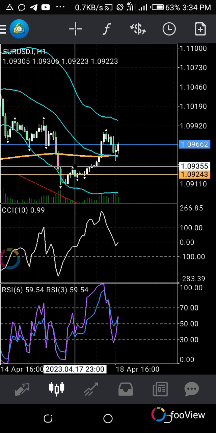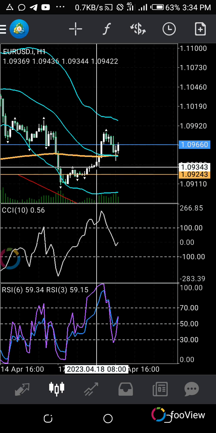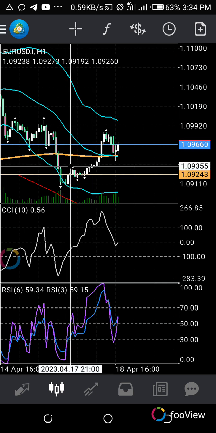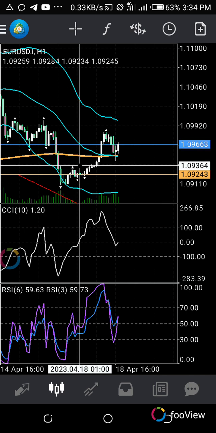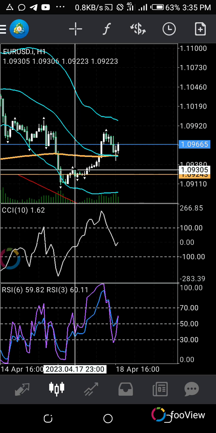we are to get a clear entry, what we are going to do is as simple as this. So far we have a break of resistance now to the upside by this white candle, we are going to wait for the pattern to form.